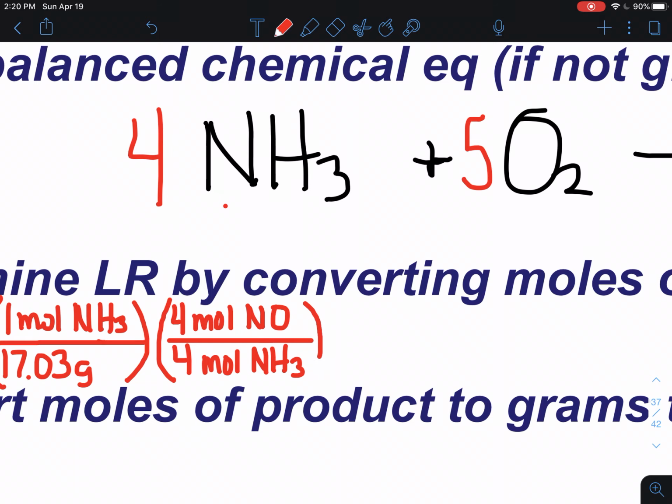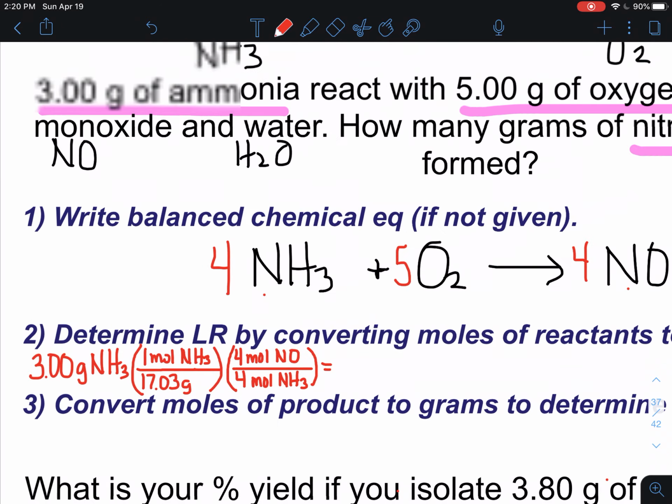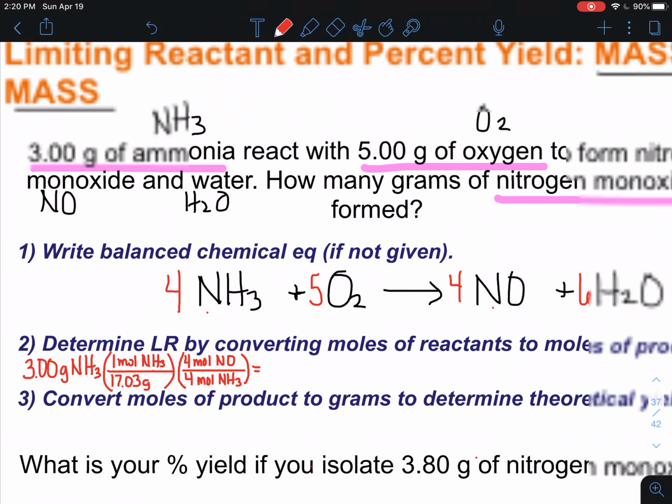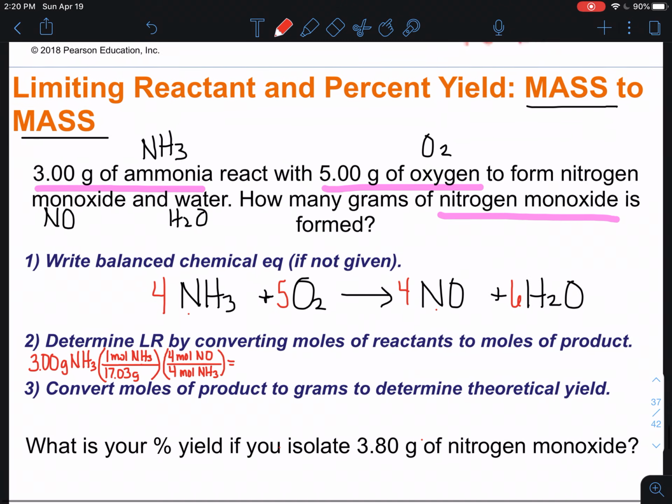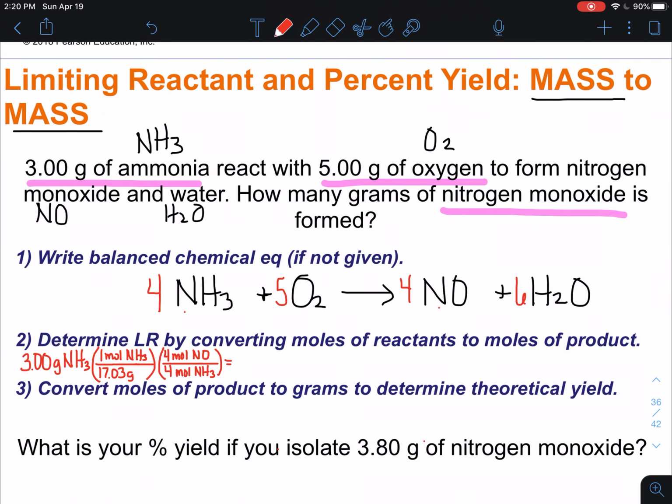When you are converting to determine the limiting reactant, you can stop at moles. You don't have to convert directly to grams, okay?